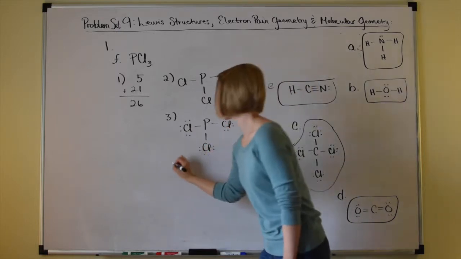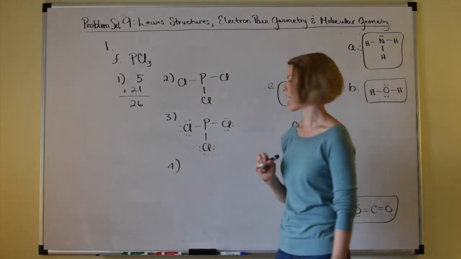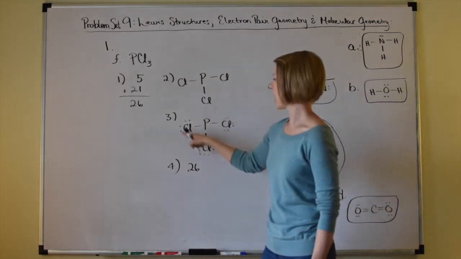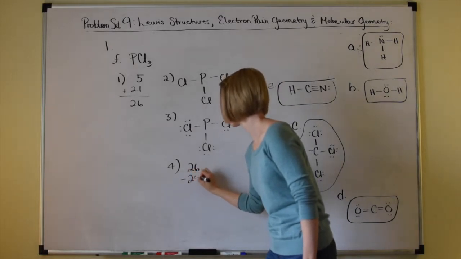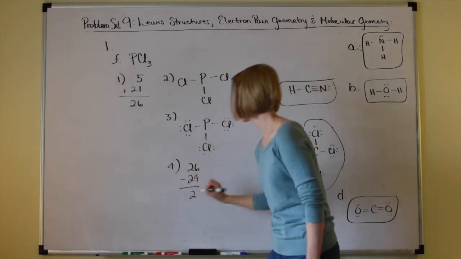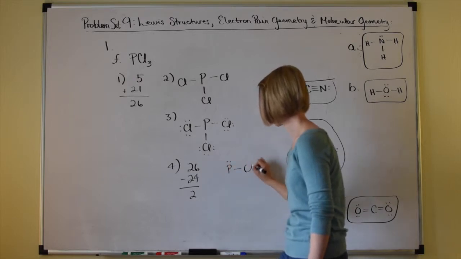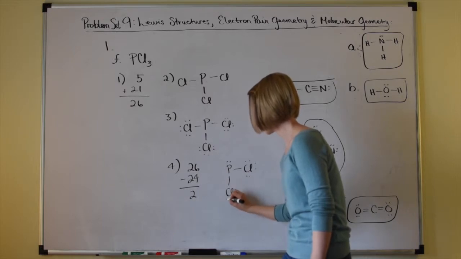Okay. Step number 4, anything left over goes on the central atom. We have 26 to work with. We've used 8, 8, and 8. We've used 24. We have 2 left over, and so we're going to put them on the phosphorus, the central atom. I'm going to redraw that here.